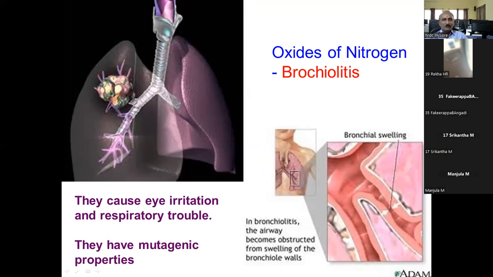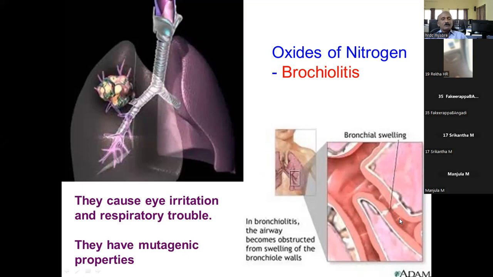So when you are doing this phenomena, if in your respiratory tract the particulate matter of oxides of nitrogen or pollutants get deposited on these layers, it becomes swollen. Here it is shown in the arrow mark. If it becomes swollen, the passage for the flow of the air is narrowed down. So you feel difficulty in breathing.